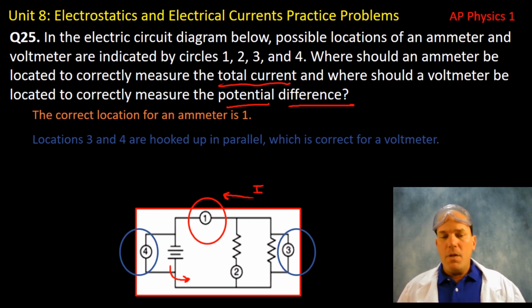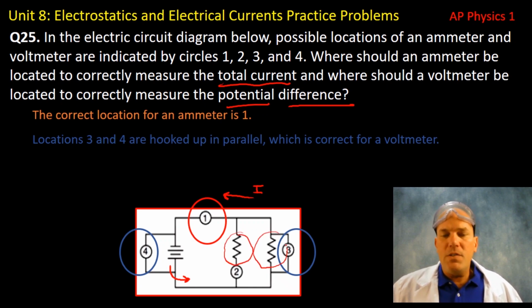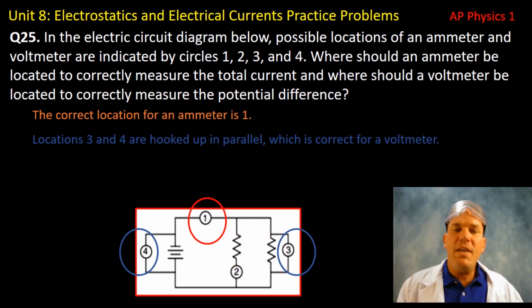So therefore, since there's no additional loads on this circuit, we just have these two resistors and they are in parallel, then the total potential difference that is across here is the total. These are the same, and therefore they are equal to 4. So locations 3 and 4 would both give you the potential difference.